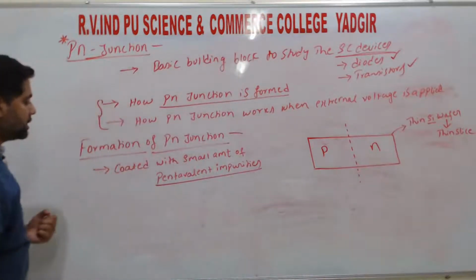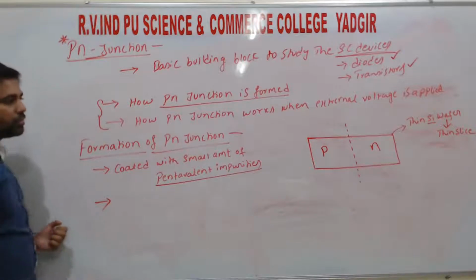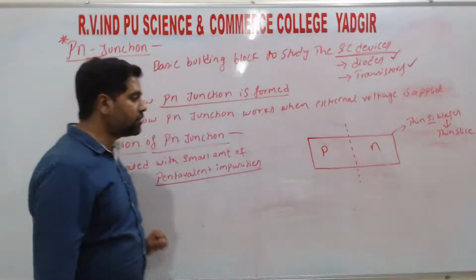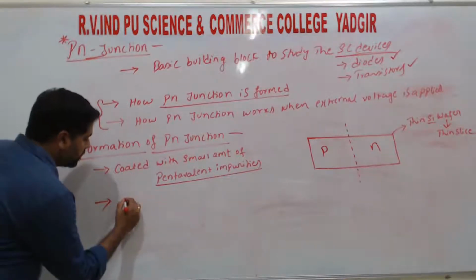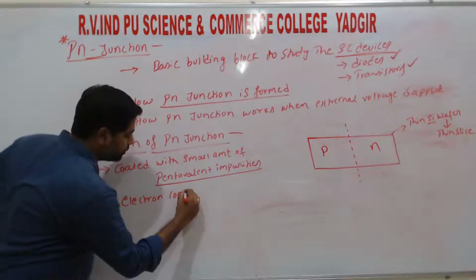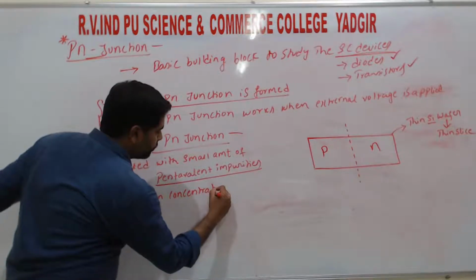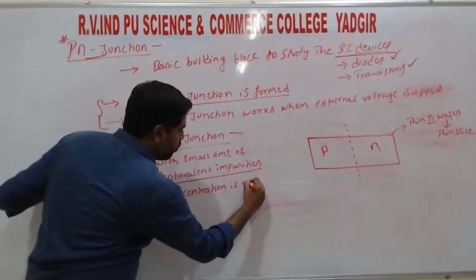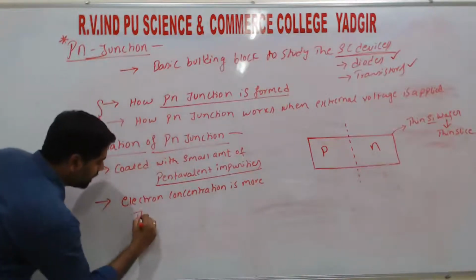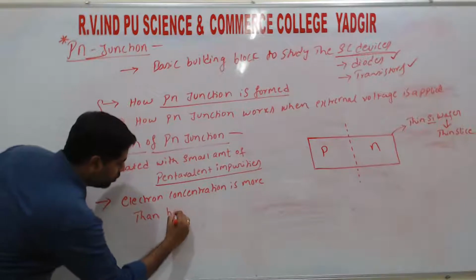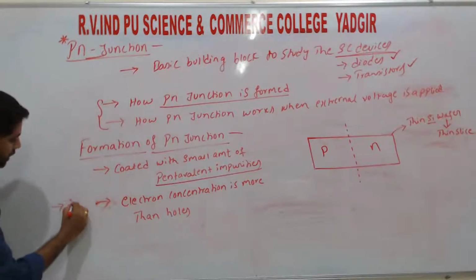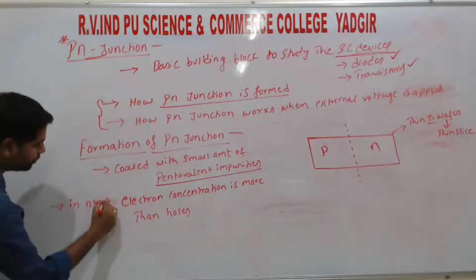So as we studied in the n-type semiconductor, the majority charge carriers are electrons. That means the electron concentration is more than holes. So this is in n-type, right?